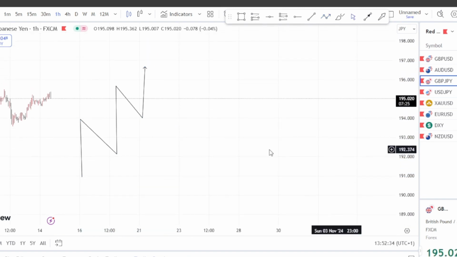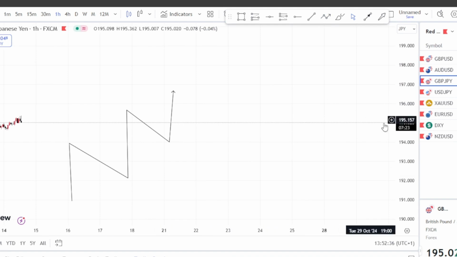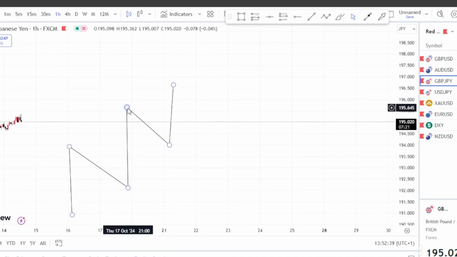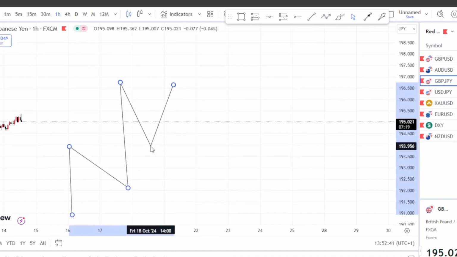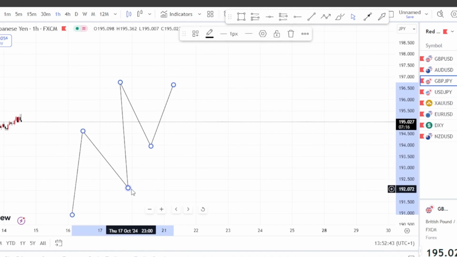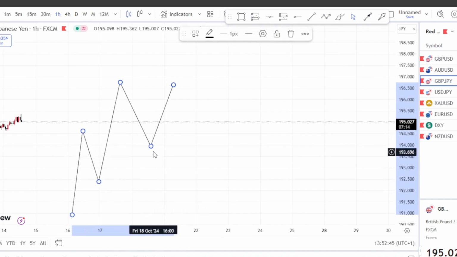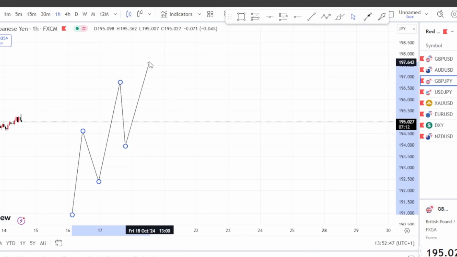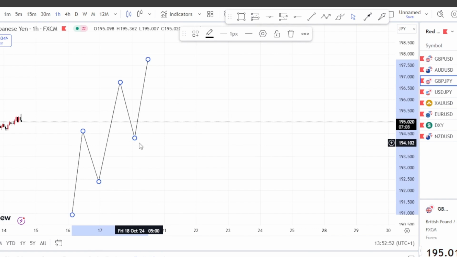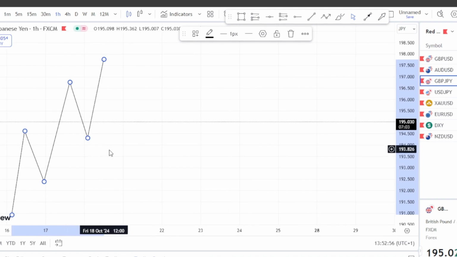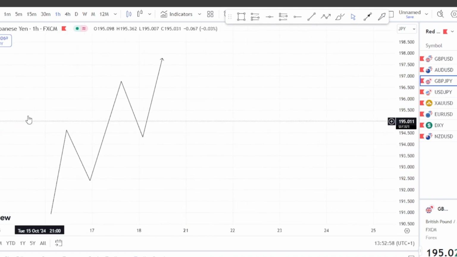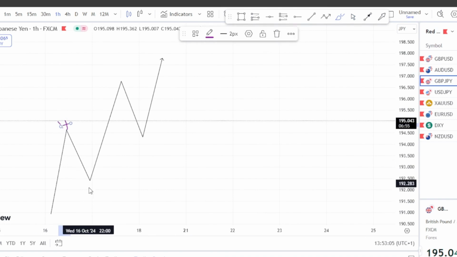This is a market structure, and this is what you will be looking at. We have a bullish market where we are going to call this a high, and we call this a low.